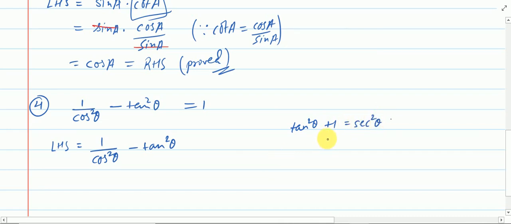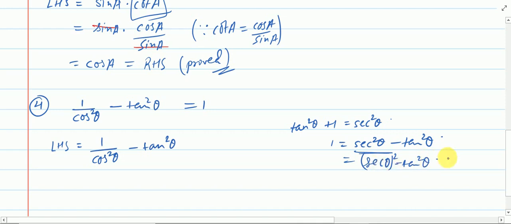And from this we can write 1 is equal to sec square theta minus tan square theta. If you see, this is sec theta whole square.